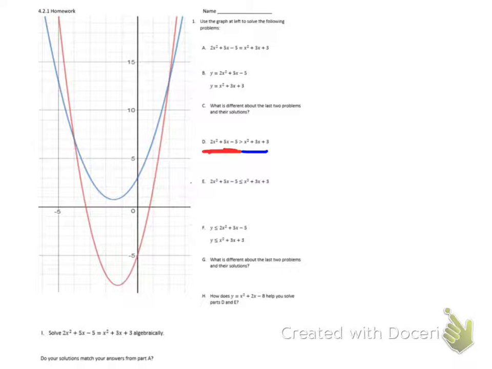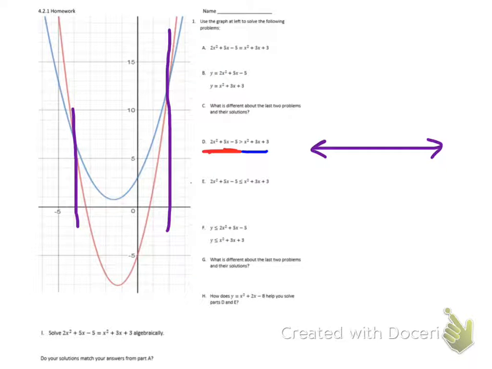So again, I know that right here and right here, they are equal. So on my number line, my boundary points are at -4 and +2. Because it is a greater than symbol and not greater than or equal to, I'm going to have open circles on both of those boundary points.